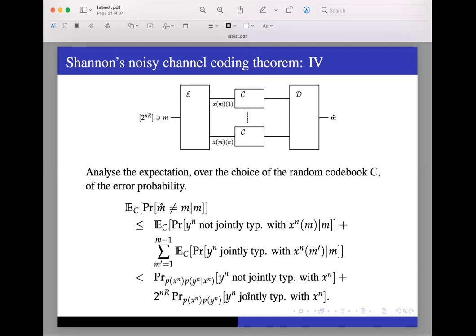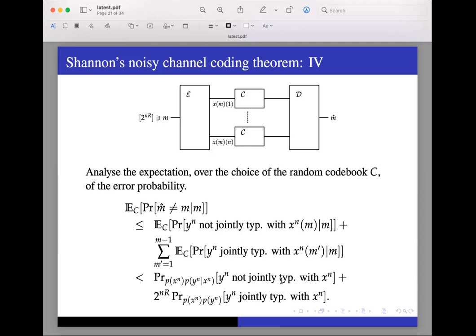To define that event, I have to think of the joint distribution, but after I am done with that, it's just a subset of strings. So it's an event, and I can think of the probability of this subset of strings under whatever probability distribution I want. Under this distribution, I expect it to be high, and under this distribution, I expect it to be low. That's all.